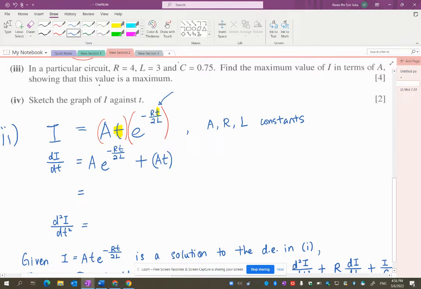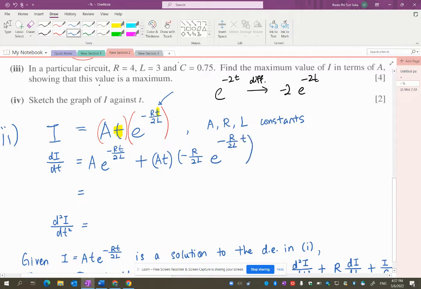Differentiating this is minus R over 2L because this is a constant multiple. For example, when you differentiate e to the minus 2t, what do you get? You will get minus 2 times e to the minus 2t. We are doing similarly, applying the same thing over here. So we get this one, then e to the minus Rt over 2L.